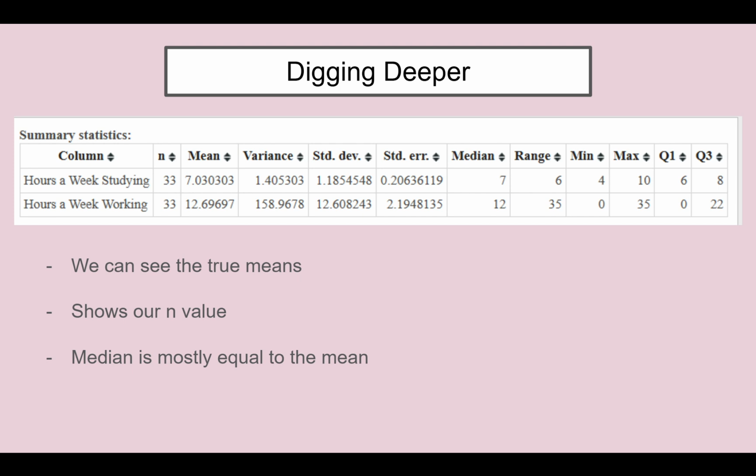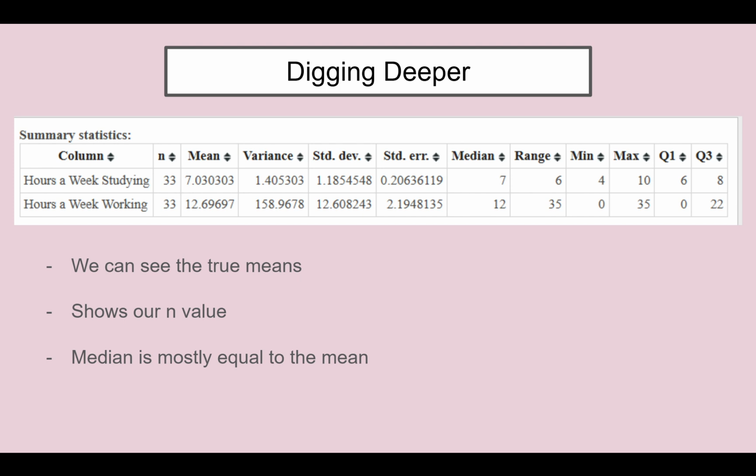But when we dig deeper, we can see the true means of these with this summary statistic. So the true means are 7 and 12. And then it also shows our n value, so that basically means how many people were surveyed. Our sample size, there you go.